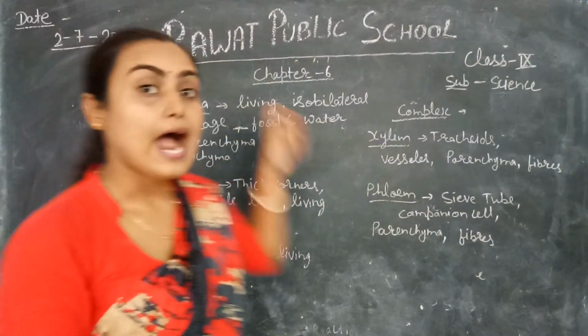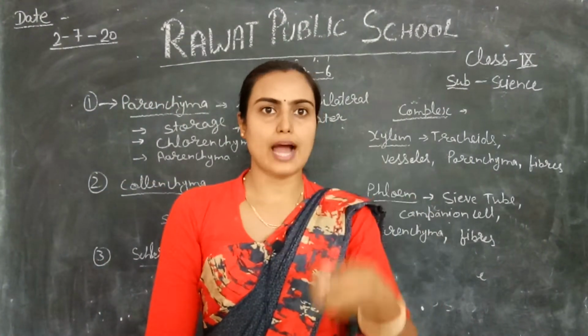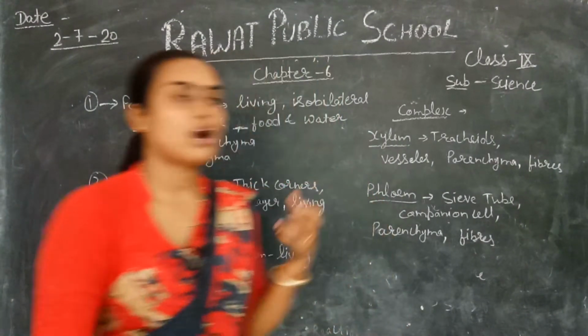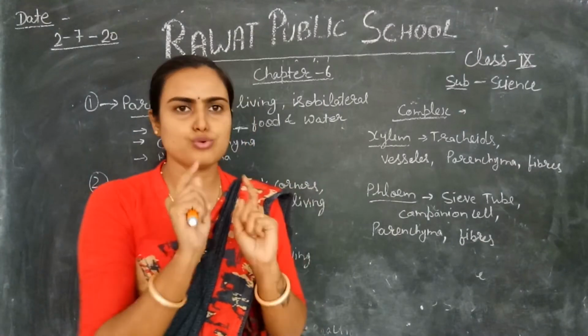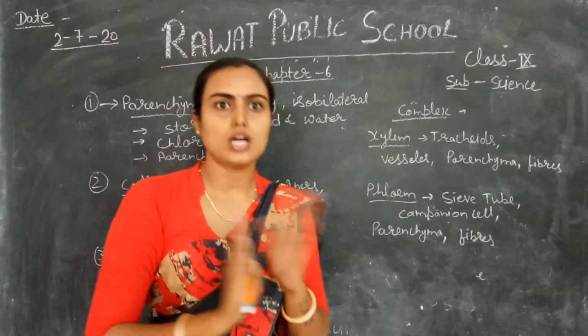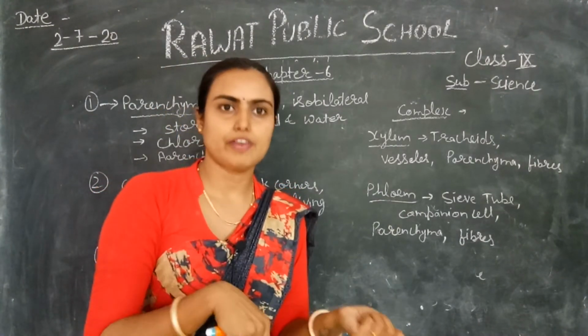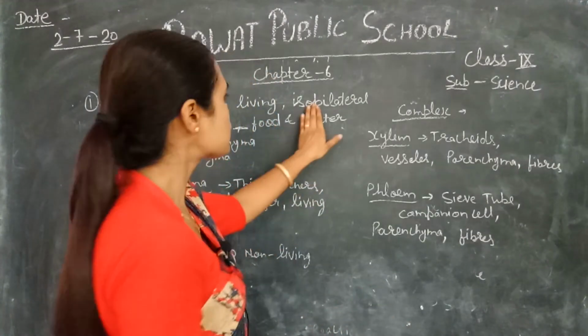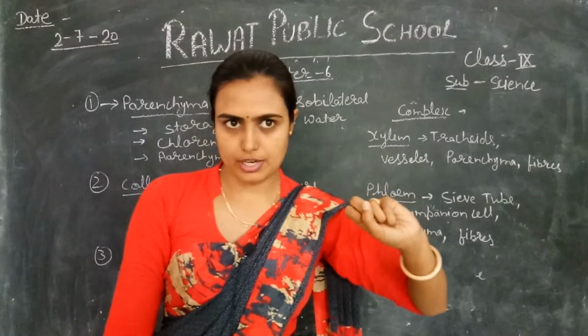They are living, and I have told you that permanent tissue has a specific shape. Specific shape means they may be circular, rectangular, polyhedral, or tetrahedral. These are the different shapes of the cells, right? So they are isobilateral.